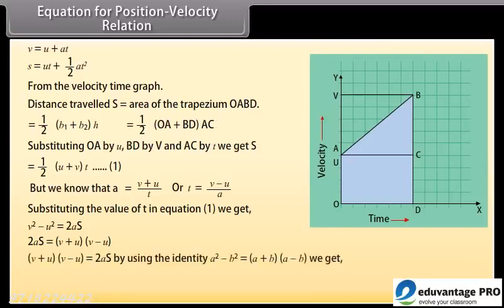By using the identity a square minus b square is equal to a plus b into a minus b, we get v square minus u square is equal to 2as. This is the third equation of motion.